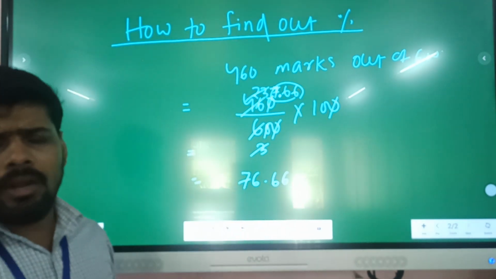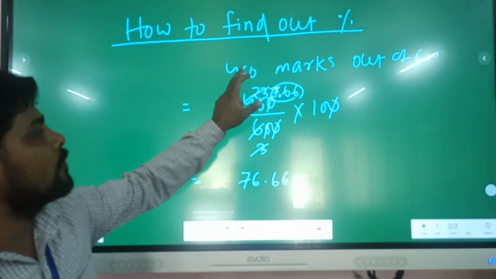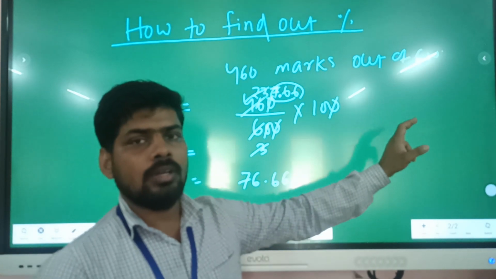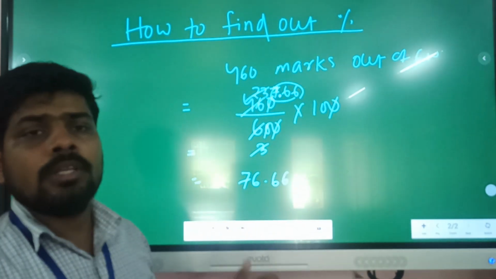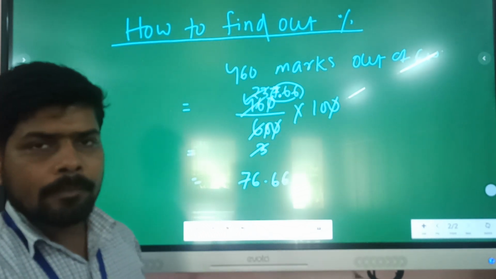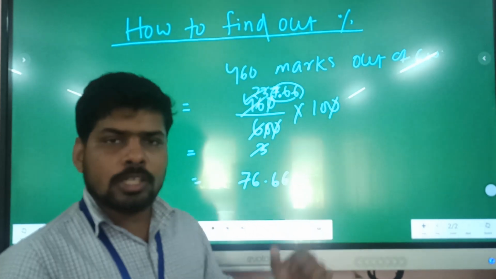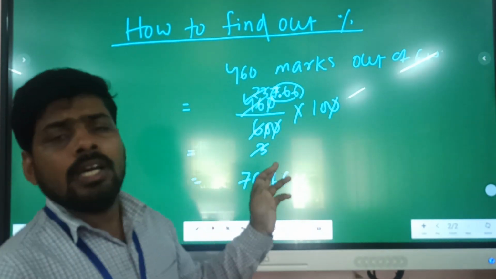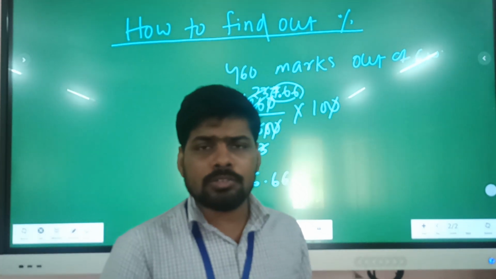And percentage means out of 100 or out of anything. I had secured 460 marks out of 600. And you all know that the total mark, that is 600, represents the denominator, and the mark secured by me, that is 460, represents the numerator. So where are numerators and denominators used?